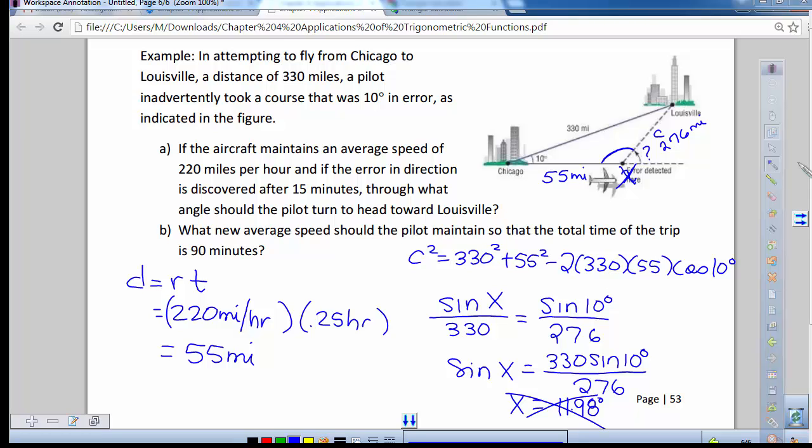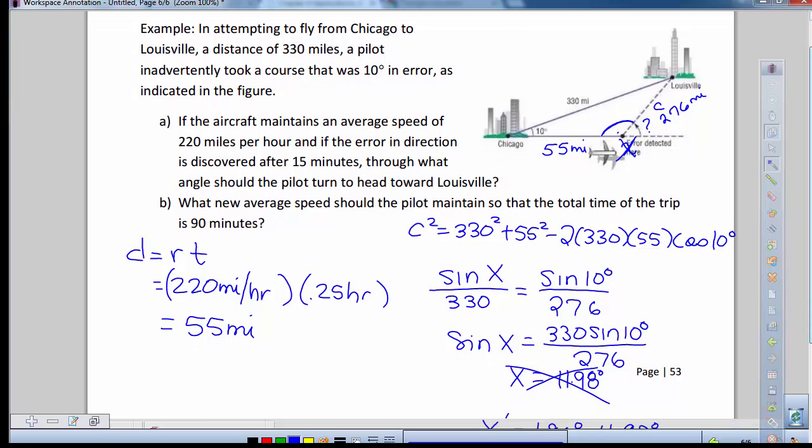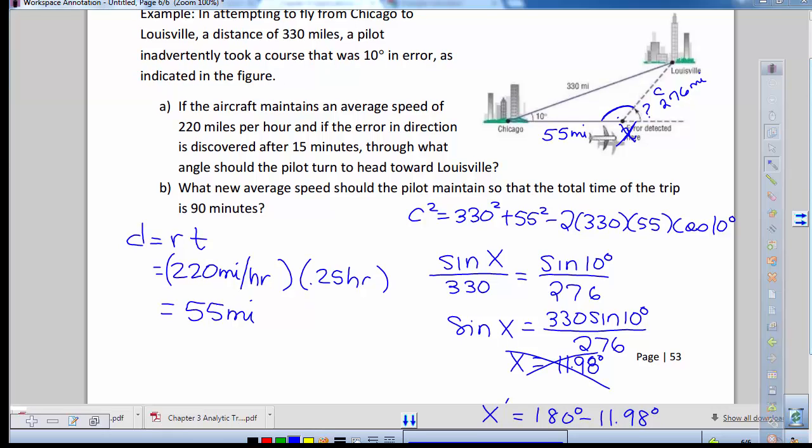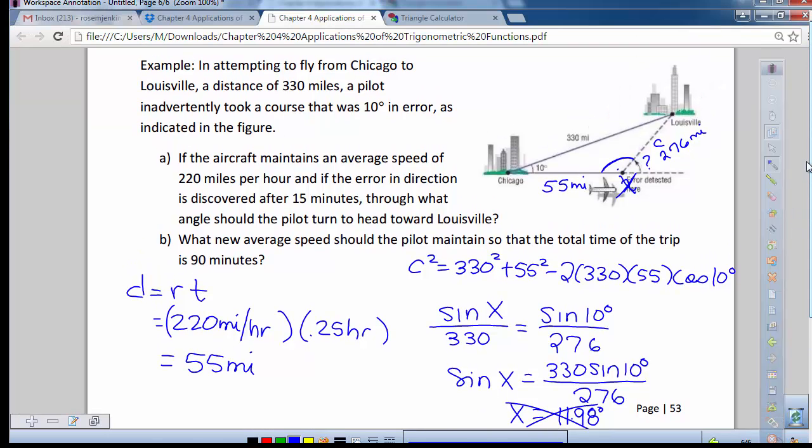And so once we found that this was 168 degrees, we do need to subtract that from 180 to figure out what this angle is. So for the question that's asked, it turns out that the correct answer is 11.98 degrees. Okay, so to correct the error, the pilot needs to turn 11.98 degrees.